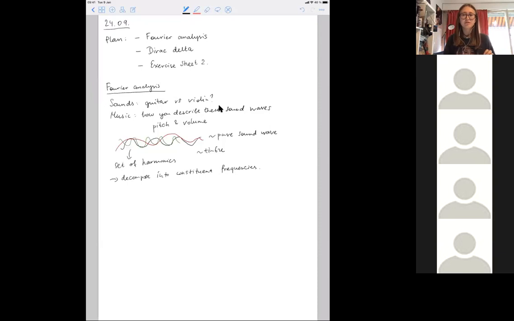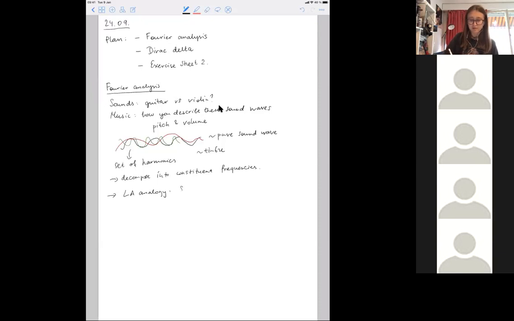Again, it's very useful to think about this in terms of linear algebra. The linear algebra analogy would be that if we think about our harmonics, the waves of specific frequencies, as a basis in the space of all possible sounds, then what the Fourier transform does is take an arbitrary member of this space of all possible sounds and decompose it into a set of these harmonics.